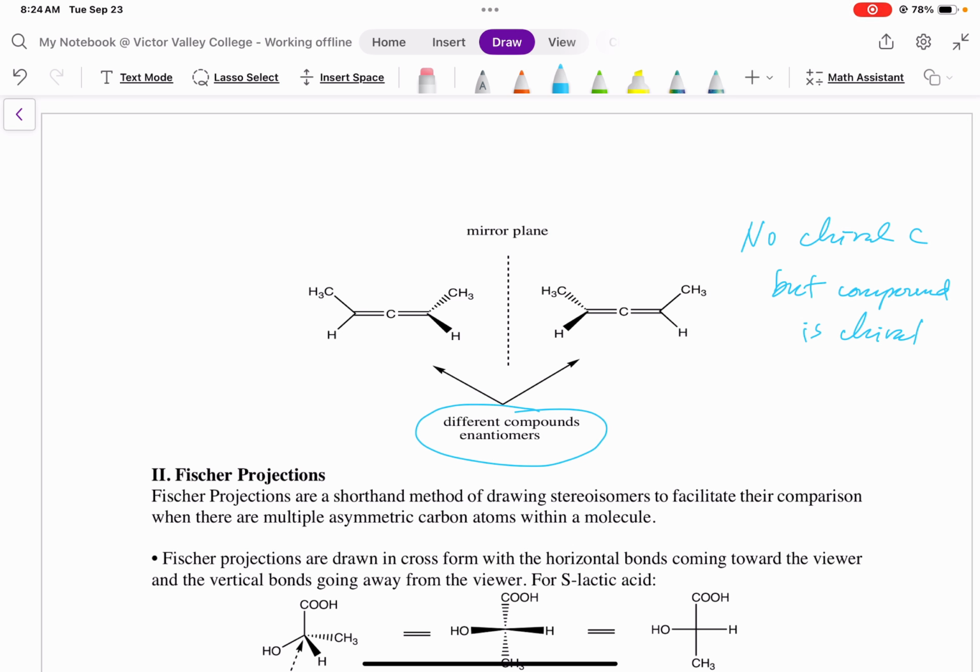Notice that on one side it is flat and the other side is 3D. And that's because of the structure of the 2 pi bonds back to back. That's why.